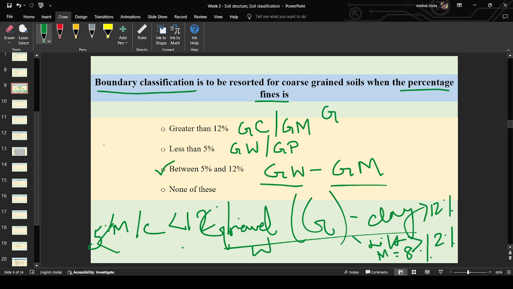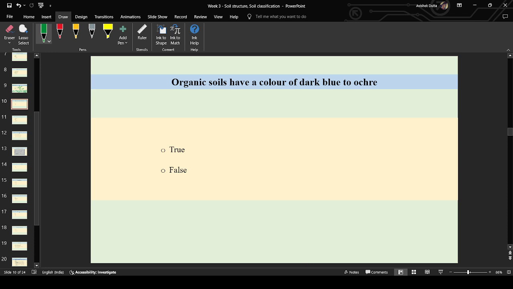Okay, fine. Next question. There is a simple question. Organic soils have a color of dark blue to ochre. True or false?